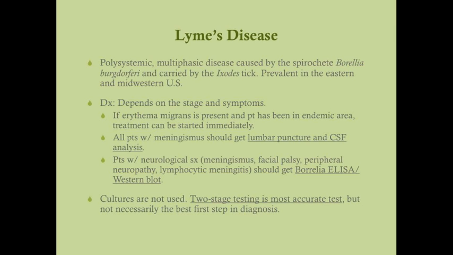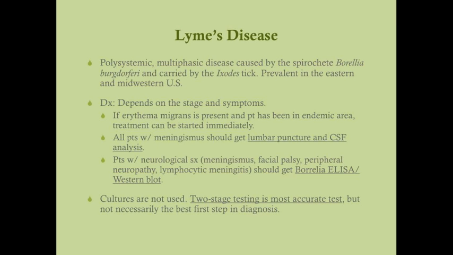Now, if the patient presents with meningismus, then of course we're going to get a lumbar puncture and a CSF analysis. And that's not necessarily thinking the patient has Lyme's disease, that's thinking the patient could have meningitis. Now, when you get the lumbar puncture and CSF analysis back, and the patient indeed has a lymphocytic meningitis, which would be consistent with either a Lyme's meningitis or a viral meningitis, then that's an indication to get a Borrelia ELISA or Western blot.